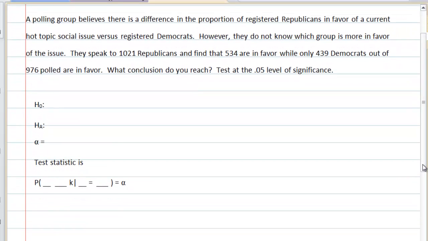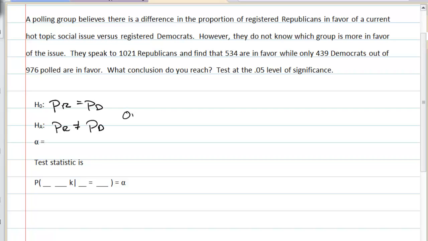First step, let's set up our hypothesis. In this case, we're making decisions about the proportion of Republicans in favor versus the proportion of Democrats in favor of this hot topic issue. We put the equality in the null, which means inequality is in the alternative.